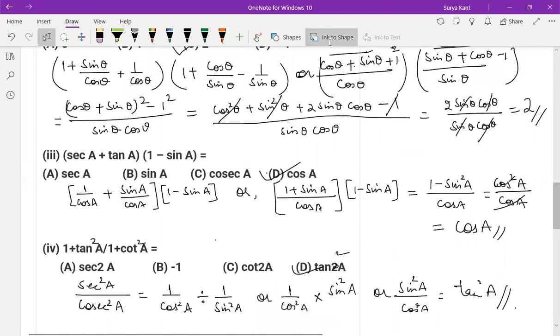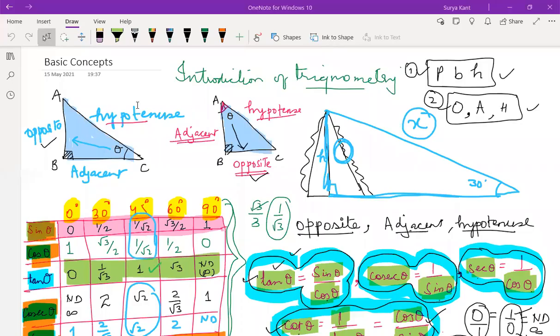Now I'll take only the test of. There are two triangles in which we have made two different types of angles. Once we have made theta at angle C, and once we made theta at angle A. In both cases, opposite and adjacent get interchanged.